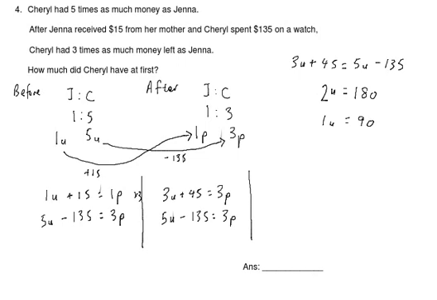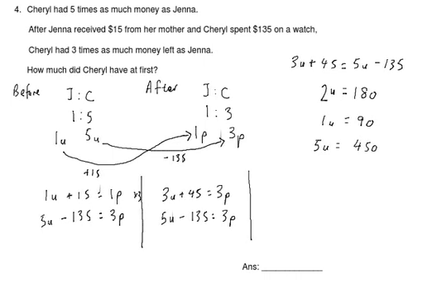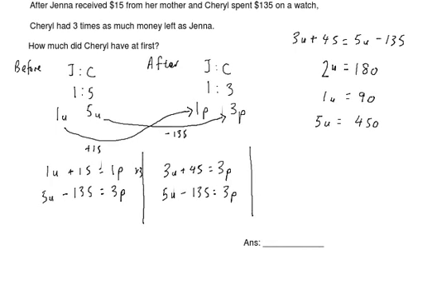So 5 units. 450. So you must write $450, right?